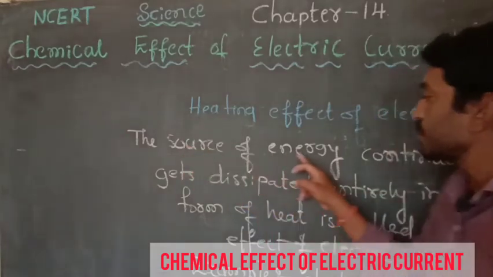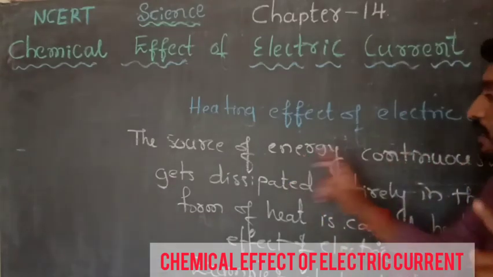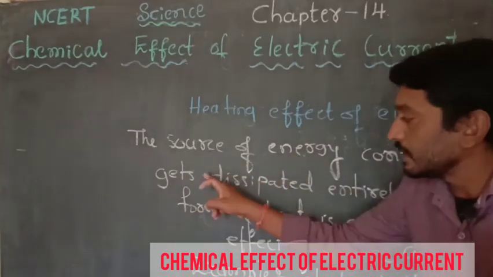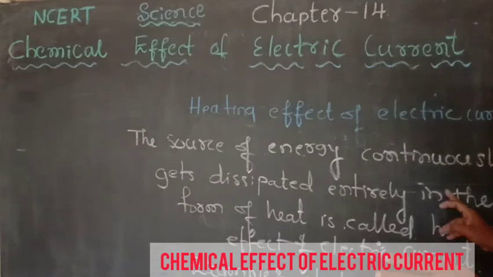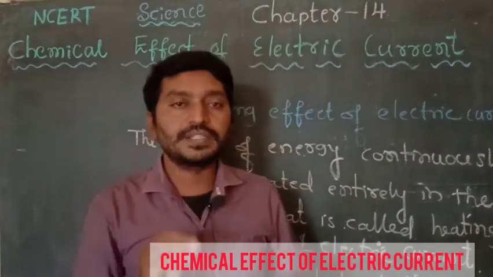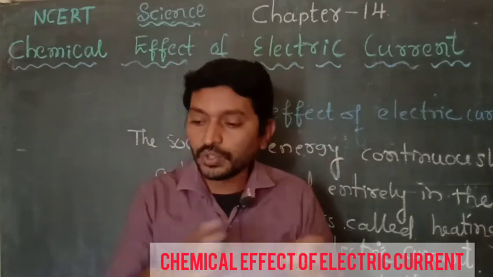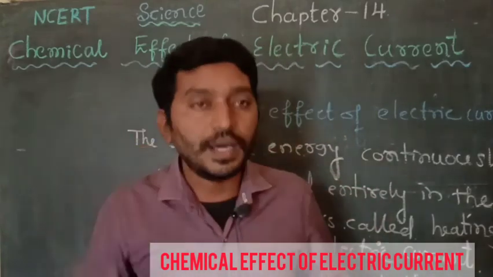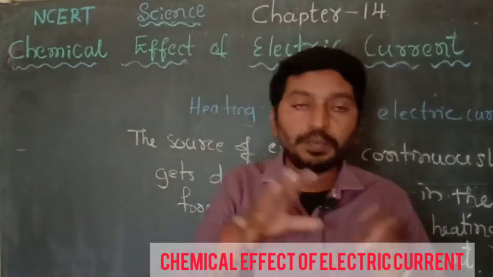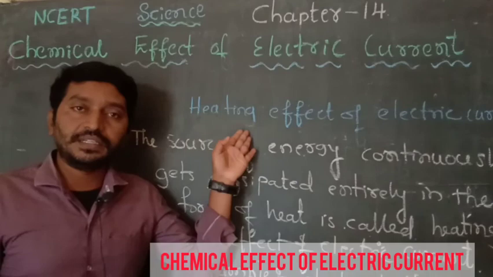Here, the source of energy means the battery or the cell, and dissipated means distributed or spread, entirely in the form of heat. For example, when we use the electric fan for a long time, it becomes warm. Or an electric iron box, an electric toaster. Many electronic appliances experience the heating effect of electric current.